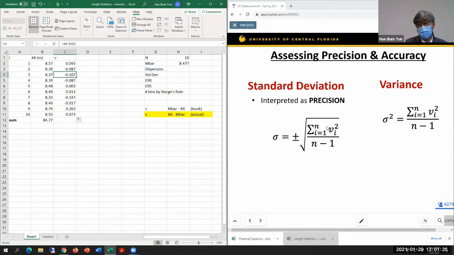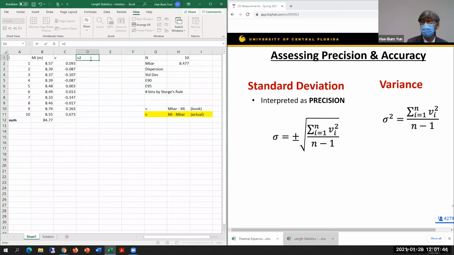And this is inside of this square root, right? And then what we need is to square them. So the second column I'm going to do is V2. And V2 will be what? This is to be squared, right?